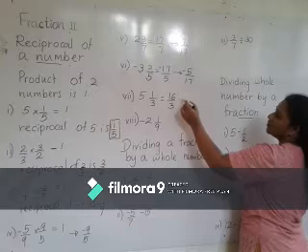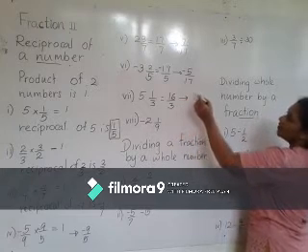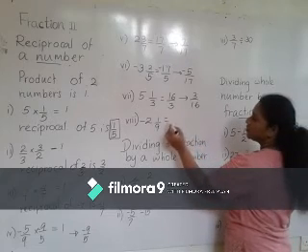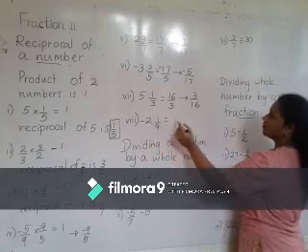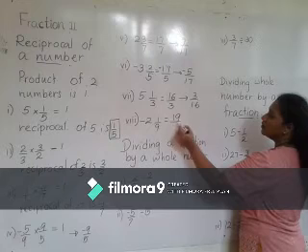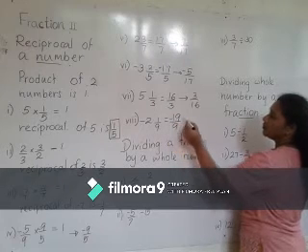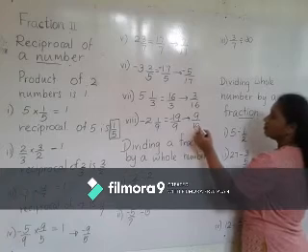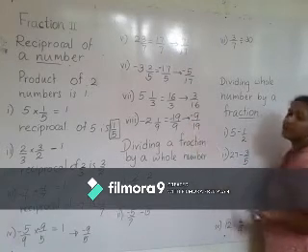The reciprocal is 3/16. And here 2 times 9 is 18. 18 added 1 is 19. Over 9 with minus. So the reciprocal is 9/19 with minus, -9/19.